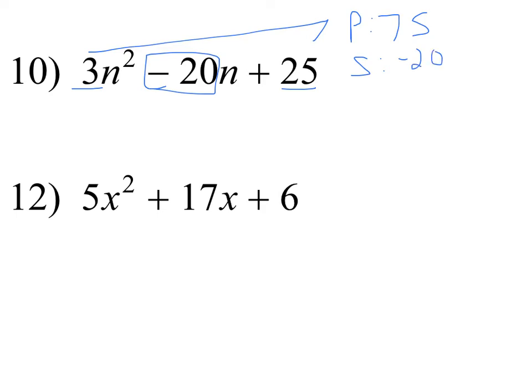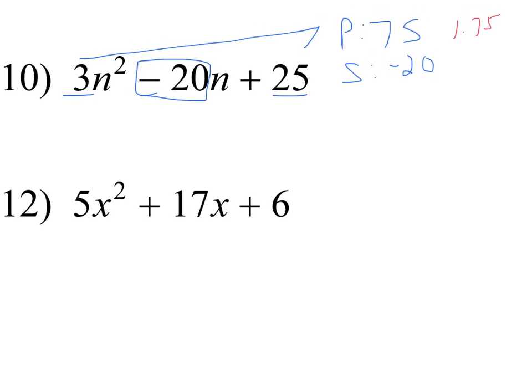So we're looking for factors of 75, so 1 times 75, 5 goes into it 15 times. Now notice that we need a negative sum, but a positive product. So both of these are going to be negative. In this pair, when added together, it gives you a negative 20.